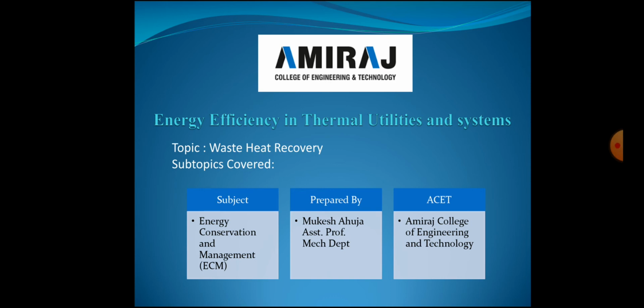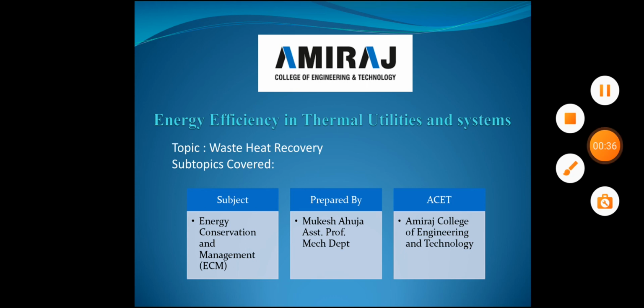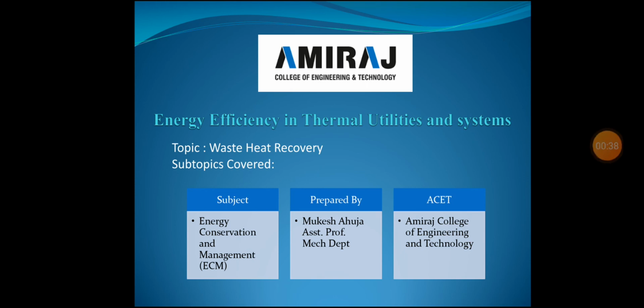So in the chapter on energy efficiency in thermal utilities and systems, we have seen many systems like boilers, steam system, furnaces, insulation, and refractories, and also, at last, heat exchangers.